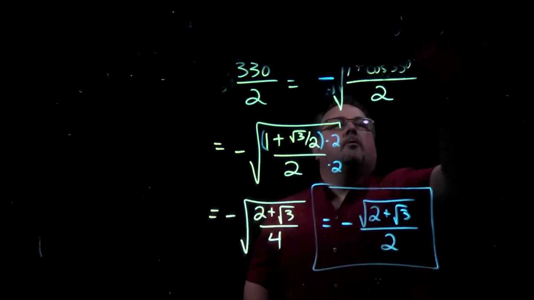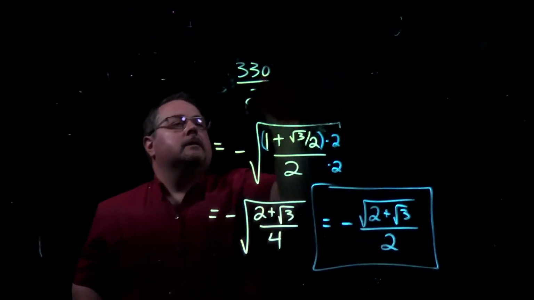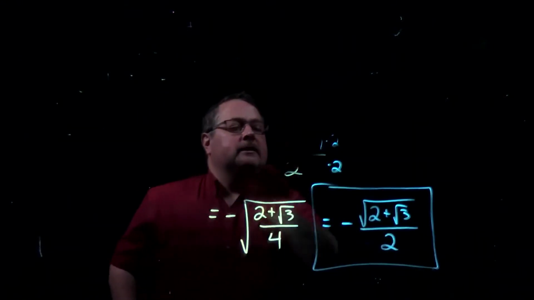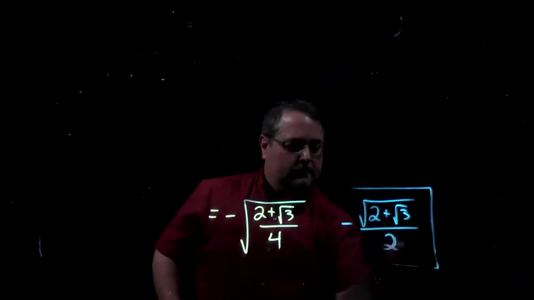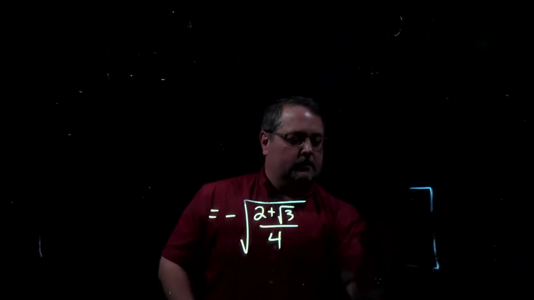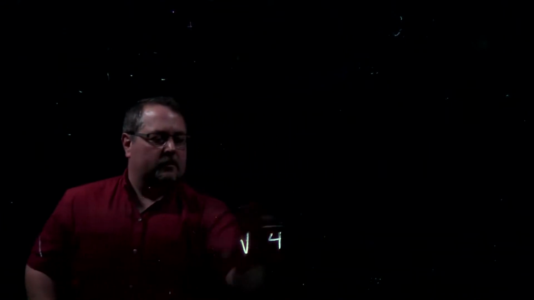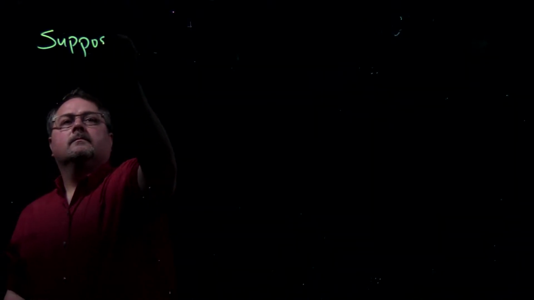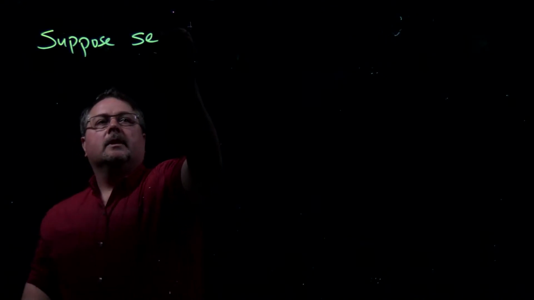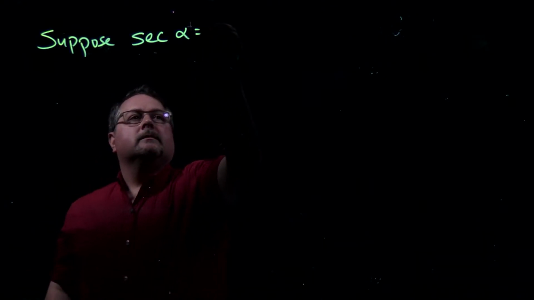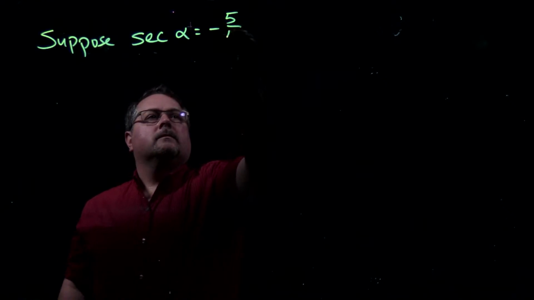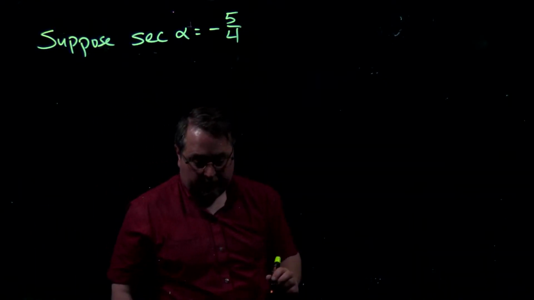So now let's do an example where we have a quadrant and a trig value. Okay, so let's suppose the secant of alpha is negative 5/4.